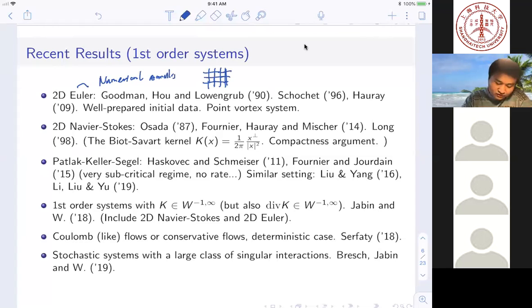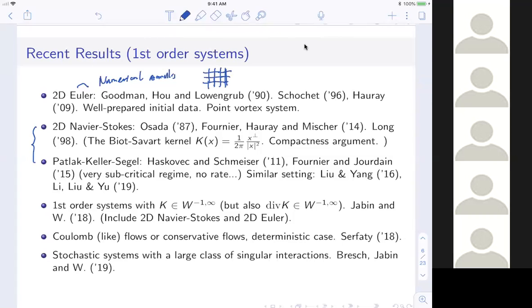So all those results are based on the coupling method. Not essentially that, though. If you just use the classical coupling method, you cannot do that well. Actually those recent results are based on compactness.